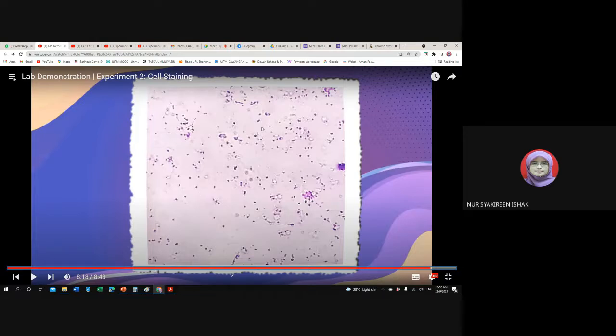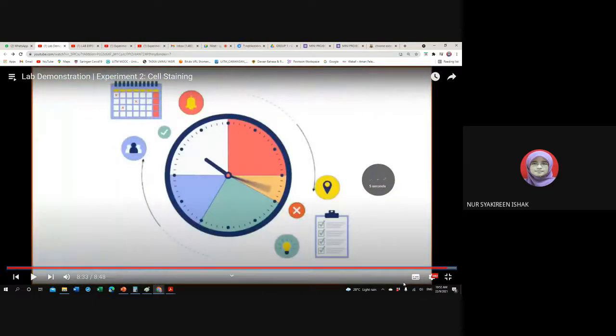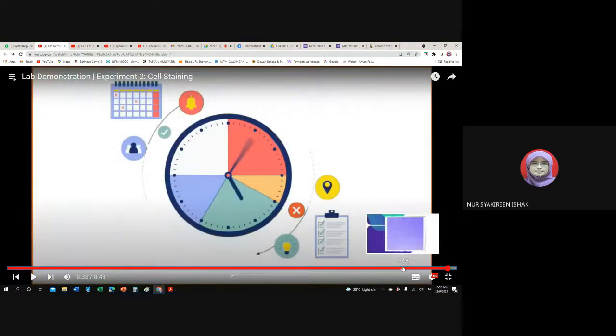Okay, so kalau bacteria that is spherical in shape, kita group dia sebagai cocci. Tapi kalau dia panjang-panjang, kita namakan dia sebagai bacillus. Kan, rod shape. Okay, so tengoklah kat sini just spherical shape. Okay, bulat-bulat. Okay, so that is for experiment 2.